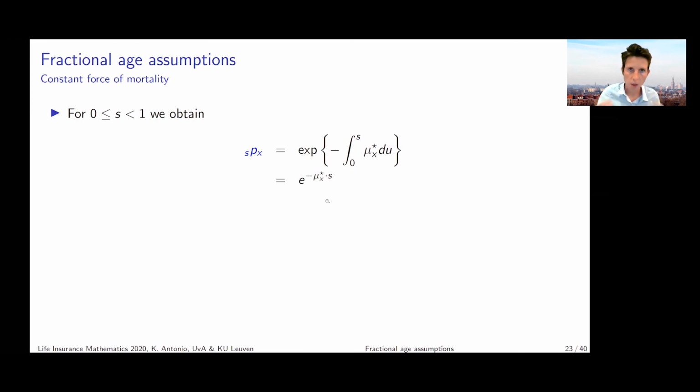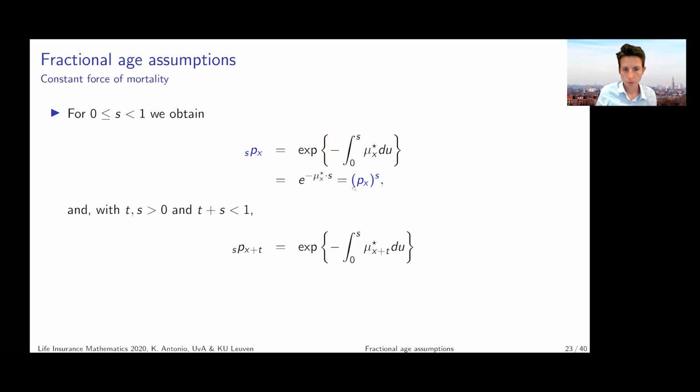So once again, what makes it very easy to work here is that I can solve the integrals very quickly, that the integrals become very simple in this type of expressions. This, of course, can be written as px to the power s. So that is, in fact, what our piecewise constant force of mortality implies, that I can write a survival probability as the 1-year survival probability px to the power s.